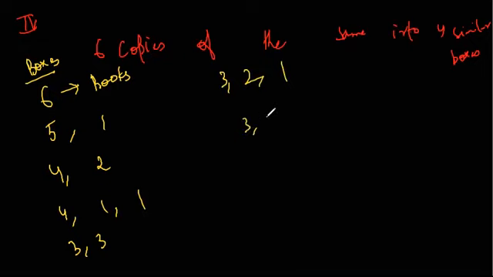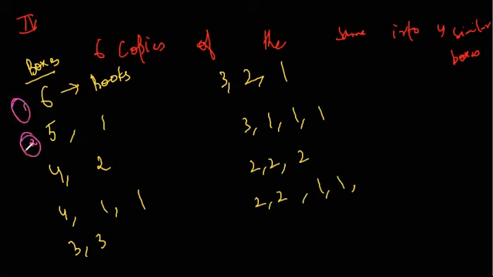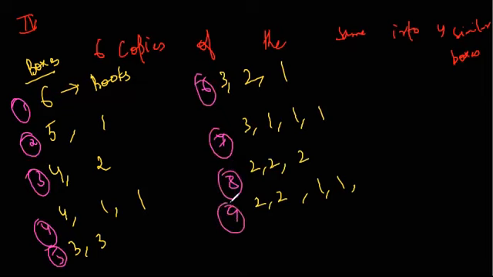Then 3 in one box and 1 each in the other 3 boxes, 2 in 3 boxes, and 2 each in 2 boxes and 1 in one box. So there are 9 ways to pack. This is the first way, second, third, fourth, fifth, sixth, seventh, eighth, ninth. Please check the solution, and if you can find any other way to place the books, there is no other way.